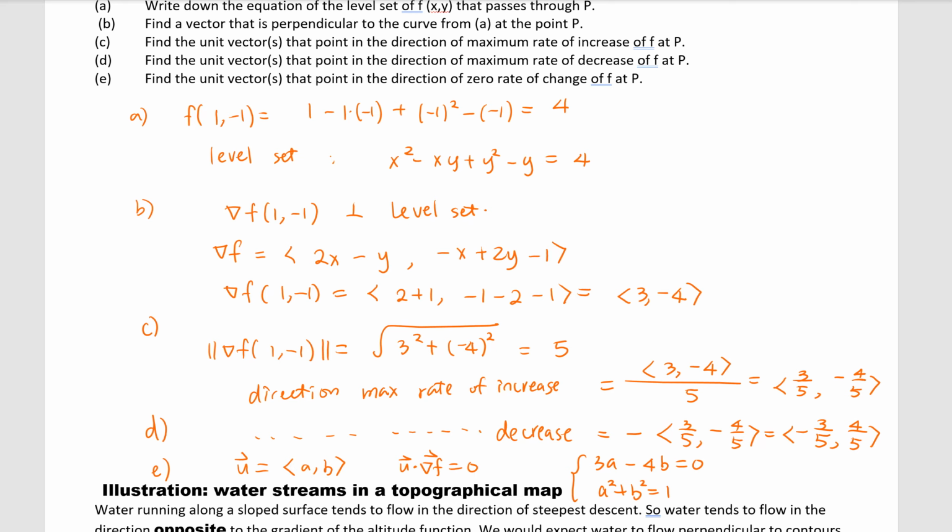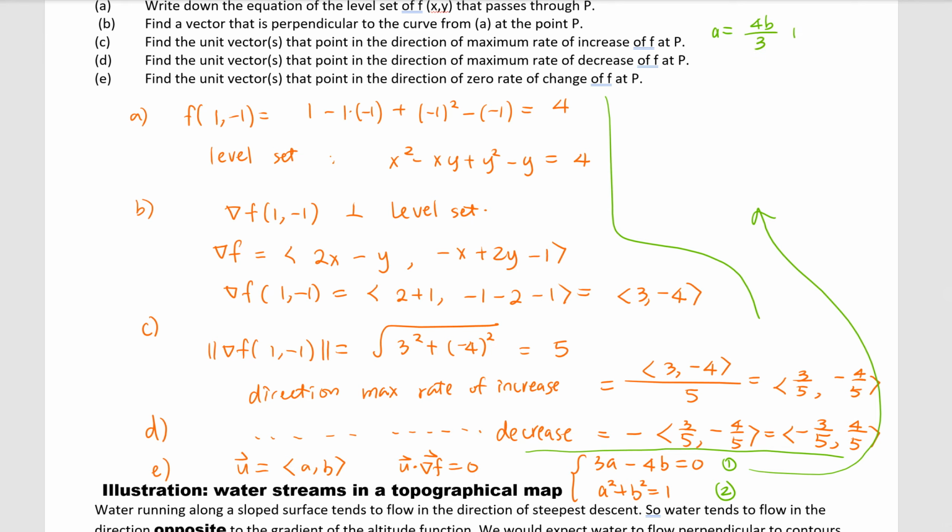Here, I don't have enough space, so let me continue here. Okay, sorry about that. From the first equation, we can solve for a. We move the 4b to the other side and then divide by 3. Then we use the substitution method, so we plug into the second equation.